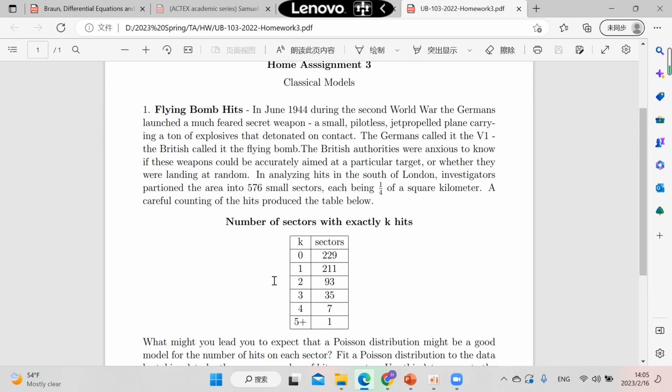Like the coin flip example, that is a very simple and standard binomial distribution example because, for example, you're tossing a coin 100 times, and the probability of a head or a tail is both one half.